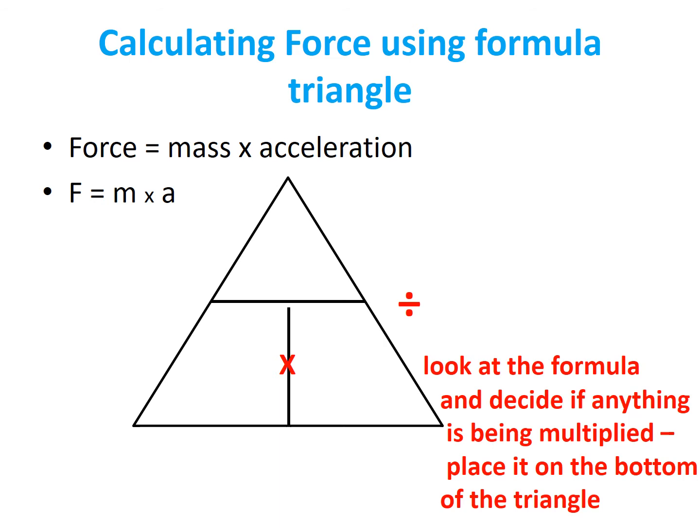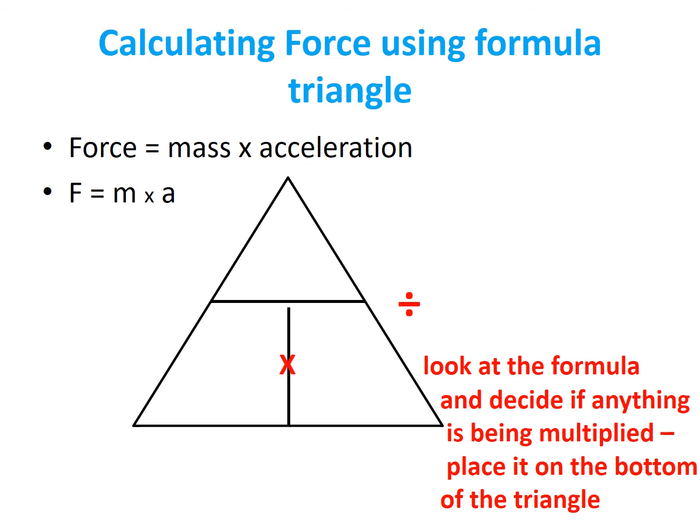If you look at the formula triangle, it has a little multiplication sign on the bottom between the two parts of the triangle, and it has another part of the triangle at top. And along the line in the center, it has a division sign out to the right.